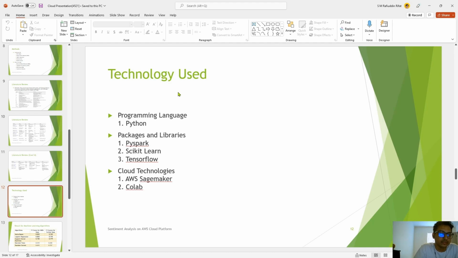Also, for some code, we have used Colab. For example, for the transformer model, we have used Colab, as it runs fluently there using the GPUs.